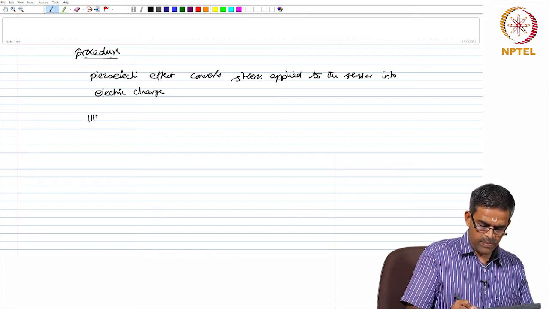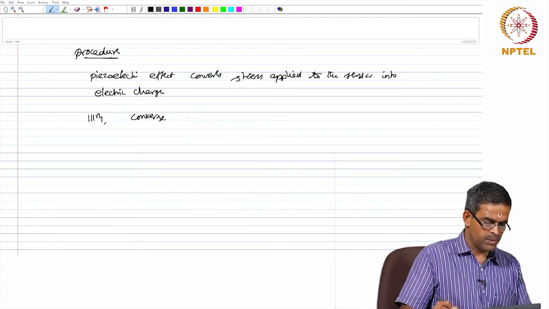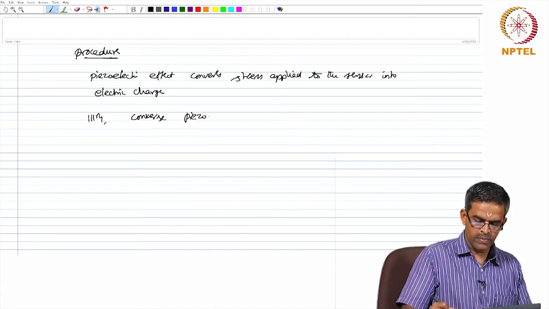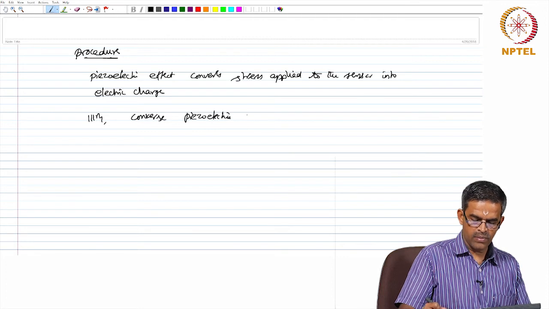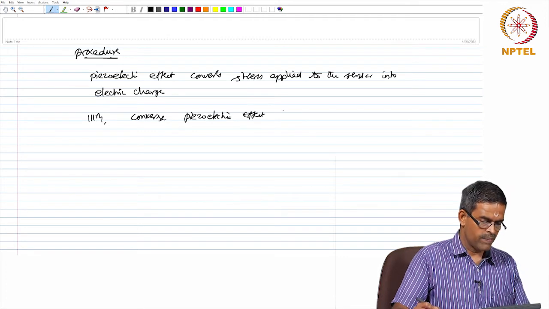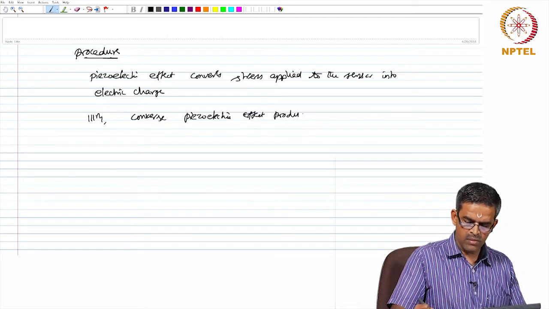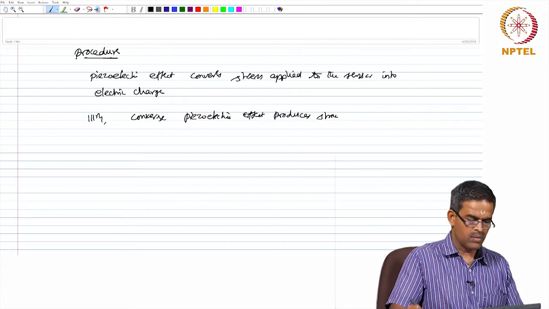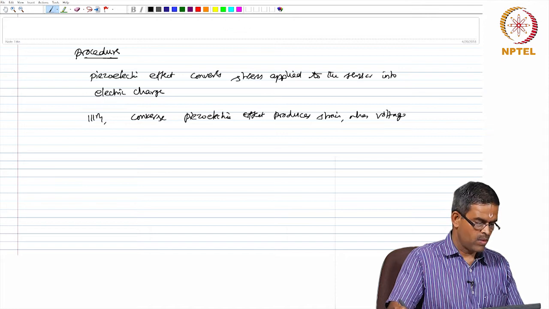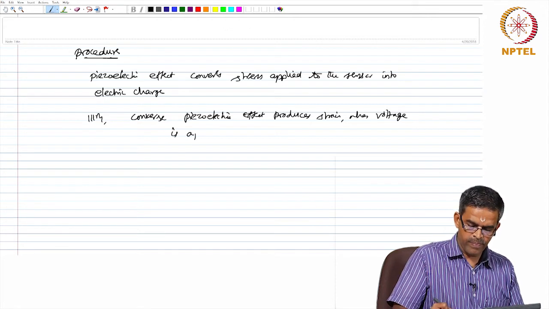Similarly, the converse piezoelectric effect produces a strain when voltage is applied to the sensor.